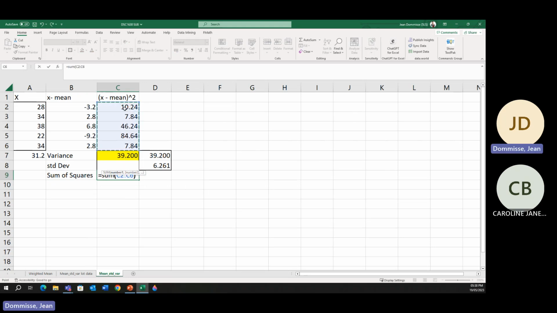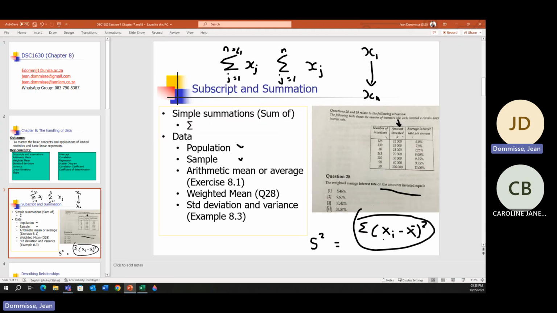So that can be some of the things that they ask you, to say what is the sum of squares, and they can give you a few values. But else, it will not be on a big data set, because it doesn't make sense, as it will take you quite some time to do that.